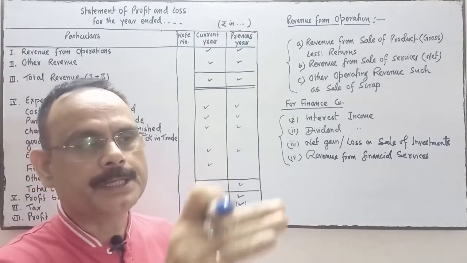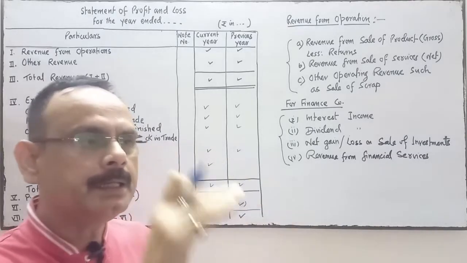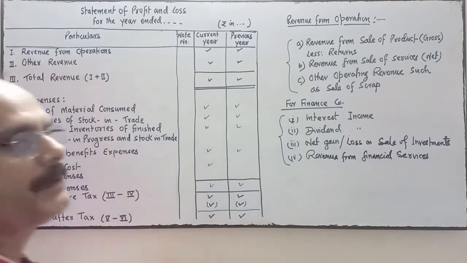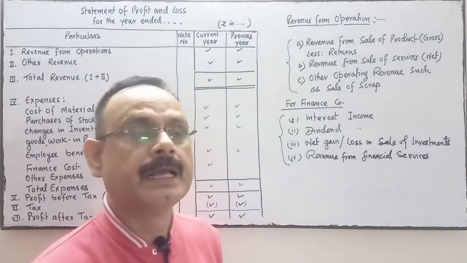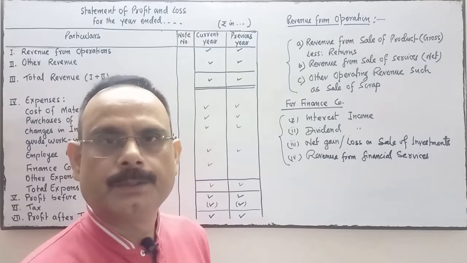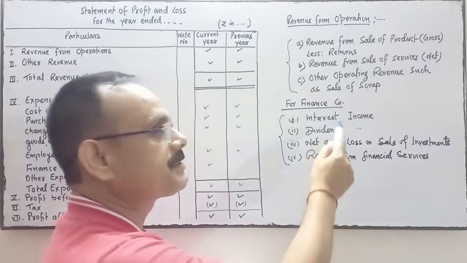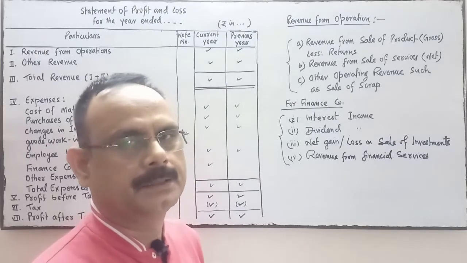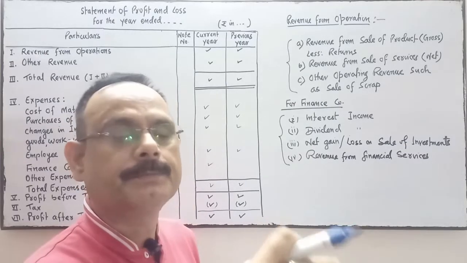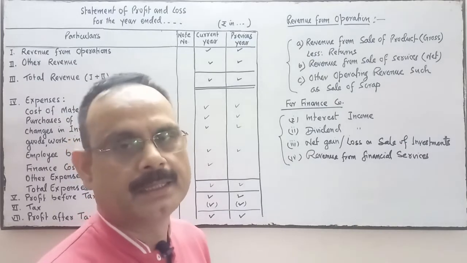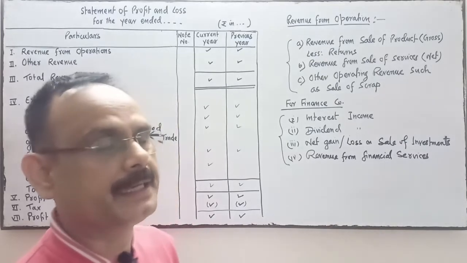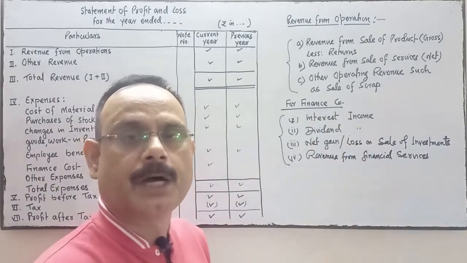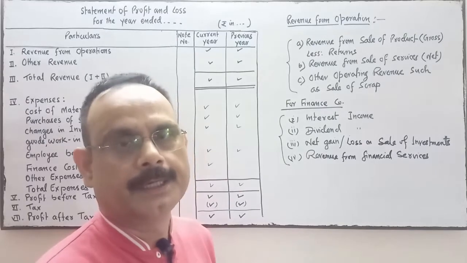So for a finance company, for ICICI, IFCI, IDBI, the revenue from operation is interest income, interest earned, wherever the finance company has deposited money and gets the interest. Dividend income, when they invest money outside and get the dividend.